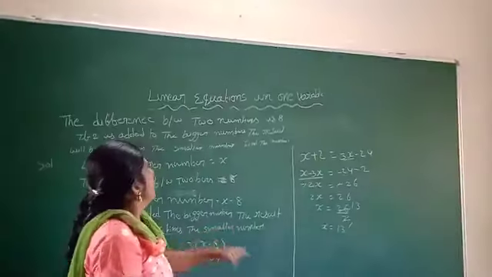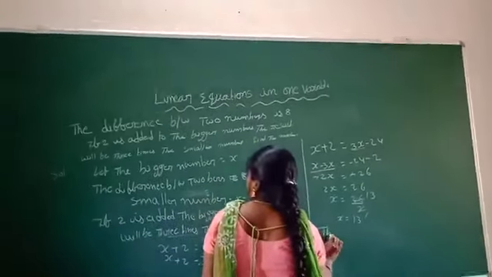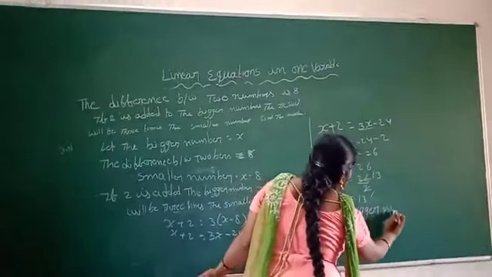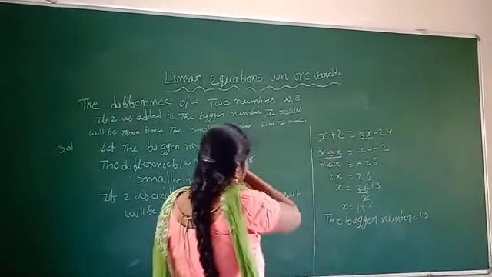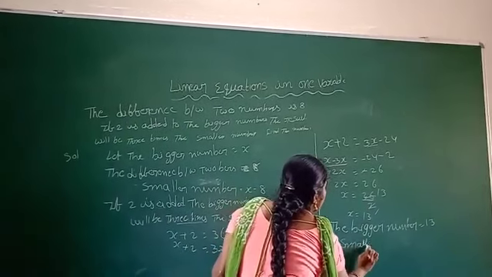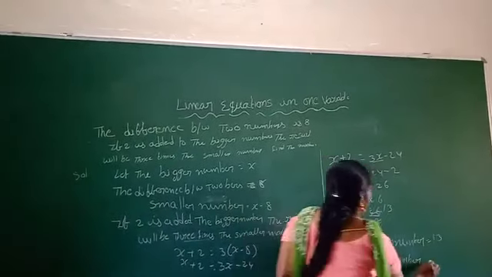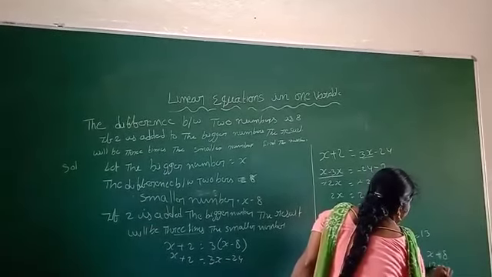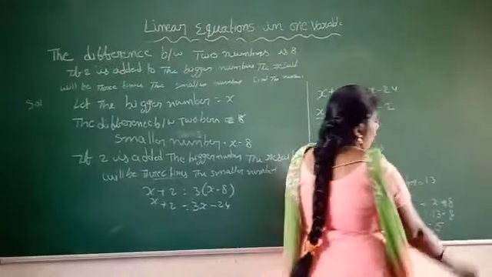What is x? The bigger number is x, so the bigger number is equal to 13. The smaller number is x minus 8. x becomes 13, and 13 minus 8 is 5.